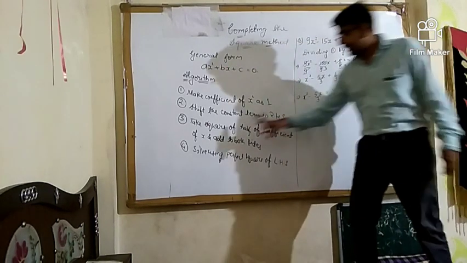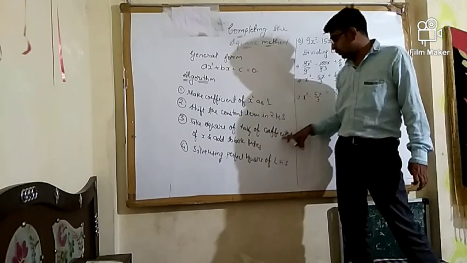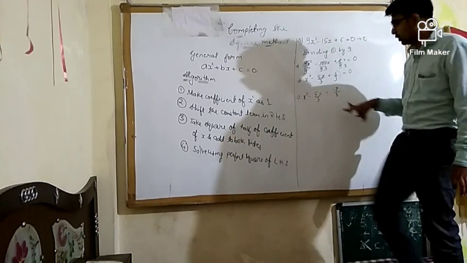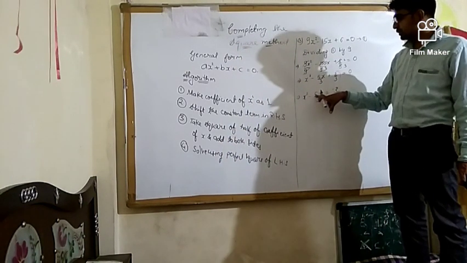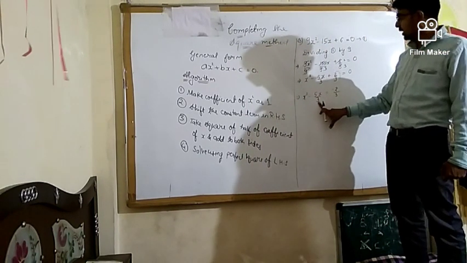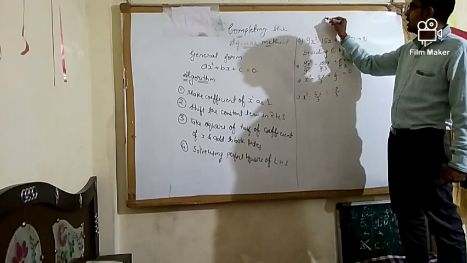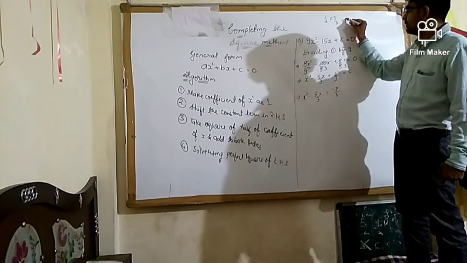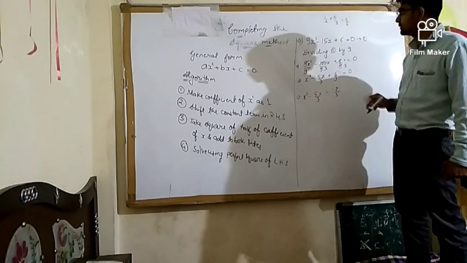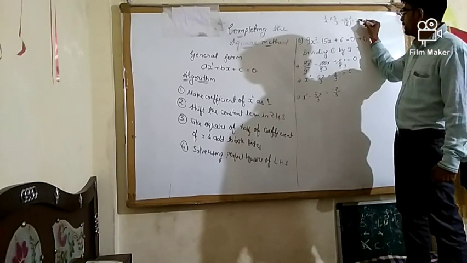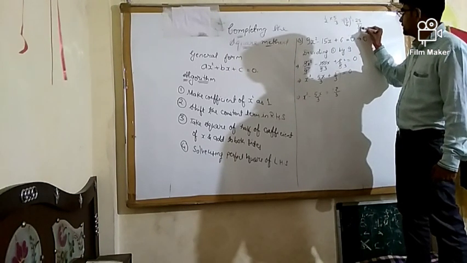Now, square of half of the coefficient of x. What is the coefficient of x here? 5 by 3, and its half, half of 5 by 3, will be 5 by 6. Its square will be 25 by 36.